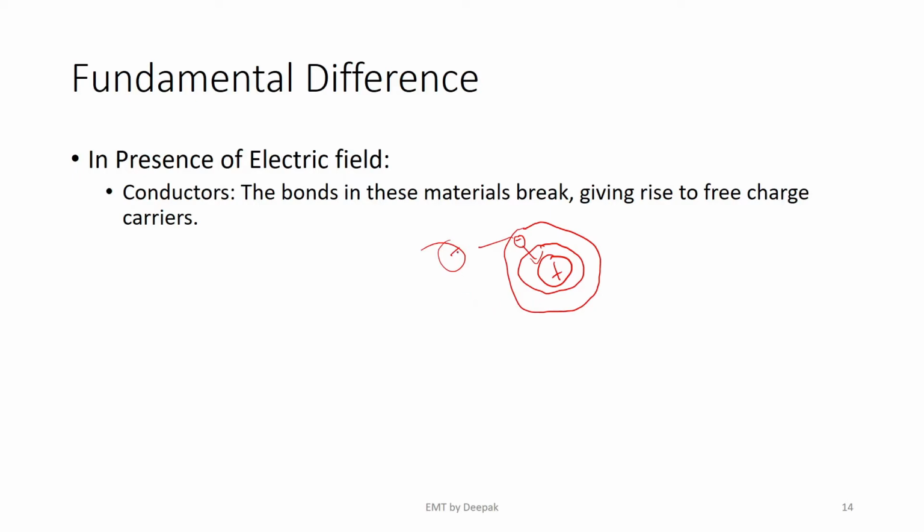Now, because of this, it has gained a charge. As long as it is inside this orbit, it is bound by the attractive force towards the nucleus. Once it comes out of its orbit, it is free to go anywhere. This is called a free charge carrier. Now, in the presence of an electric field, for example a positive and a negative plate, this will move towards the positive, given that the field has enough strength to pull it out of its bond.